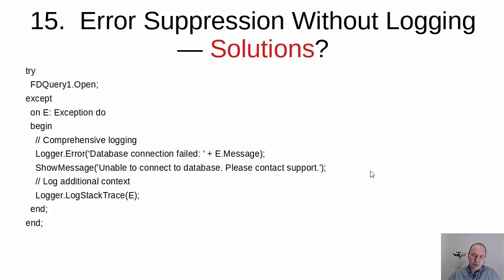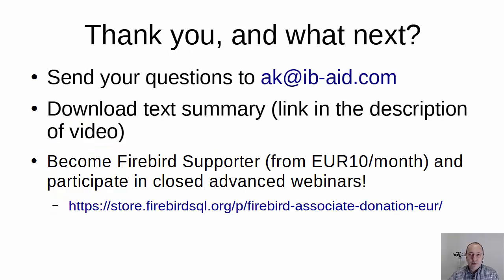Pretty obvious, but it happens. And if we started to speak about anti-patterns, this is the real anti-pattern. So we have passed through these 15 Firebird application anti-patterns, and I hope it was pretty useful.